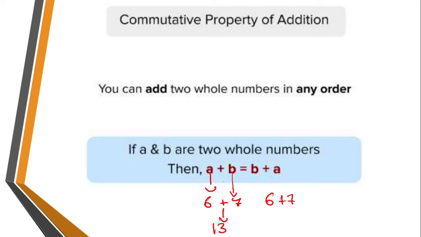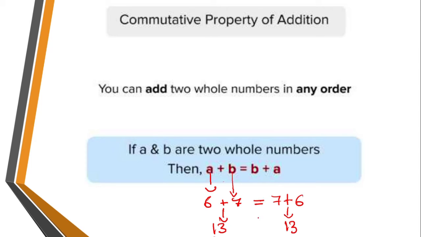And again, here we will do 7 plus 6. We are just interchanging, right? It is 6 and 7 only, but what is the difference? We are interchanging, like a plus b and b plus a. Now 7 plus 6, if you operate also, is 13.